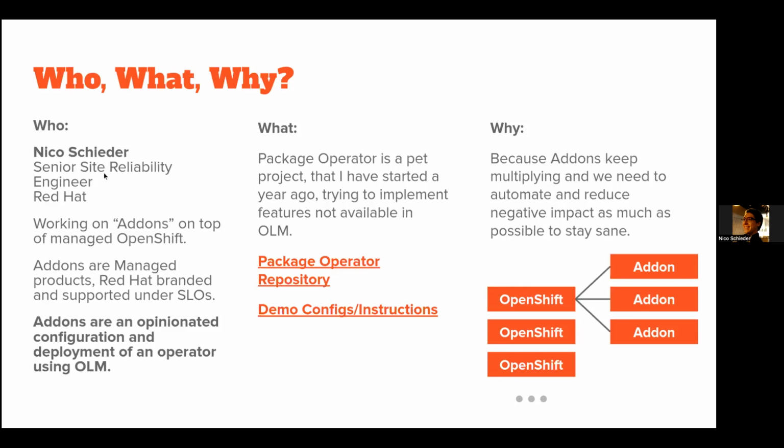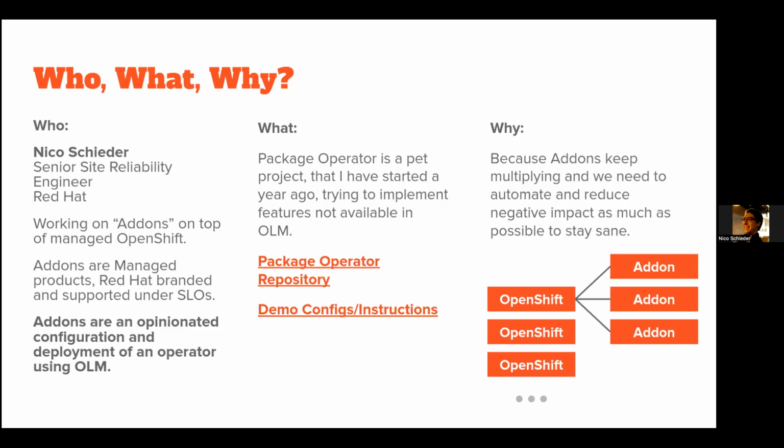For every managed OpenShift cluster, and fortunately we have a lot of those already, there are multiple add-ons being installed. So if the fleet size grows, we get more and more work to do in our little team. That means we have to be really careful to automate a lot of things and to reduce negative impact of rollouts as much as possible.